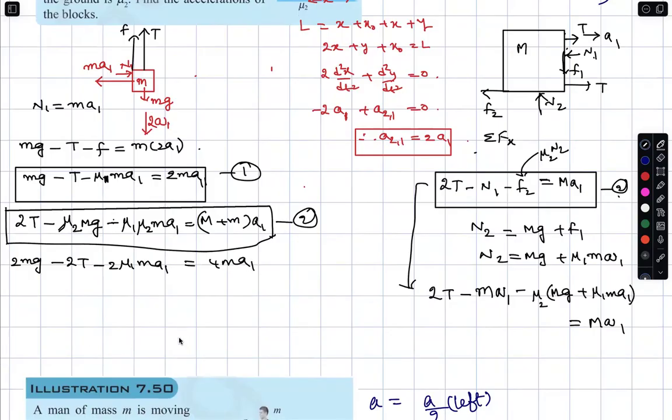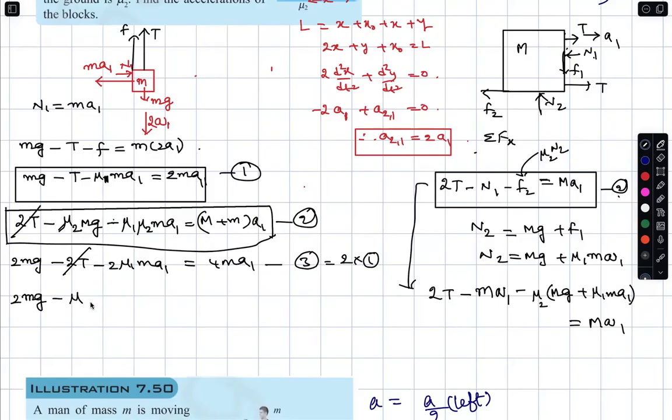I multiplied 2 with equation 1. So why I have done in this process is 3 is nothing but 2 times of equation 1. You just add 2 plus 3. Fortunately, you are relieved from this.